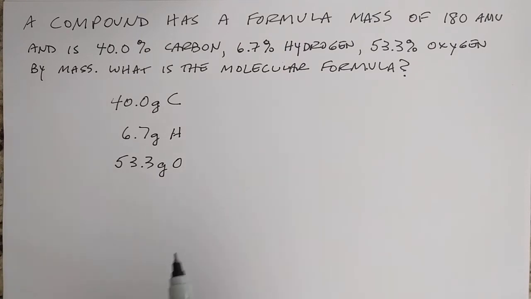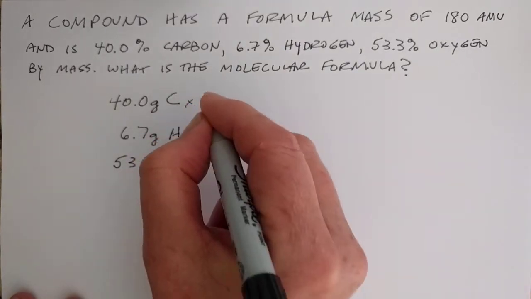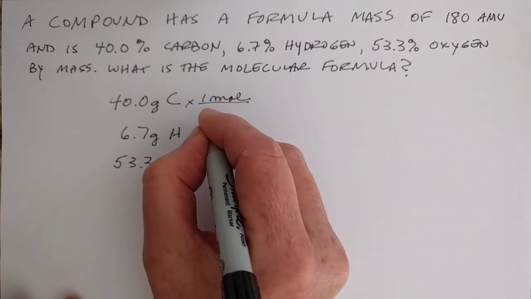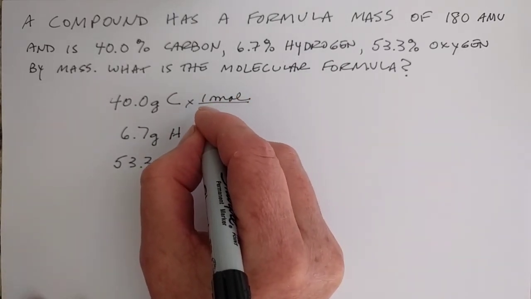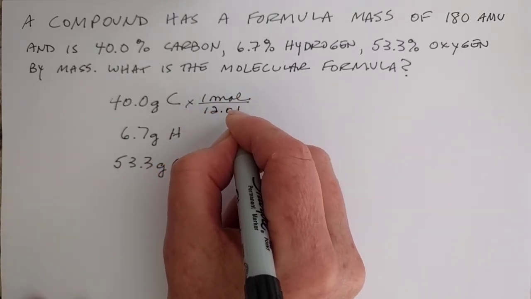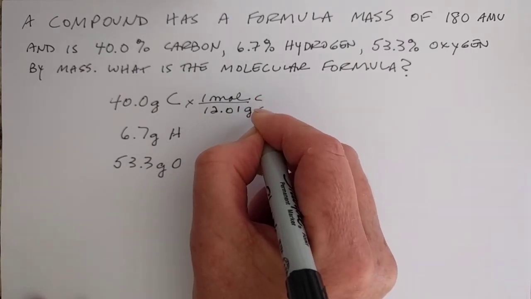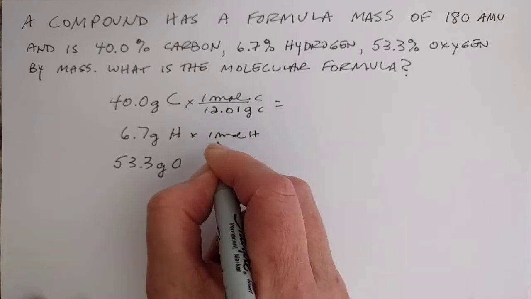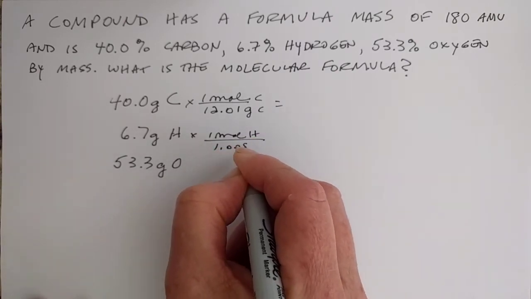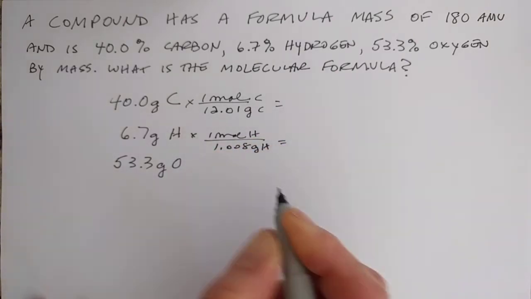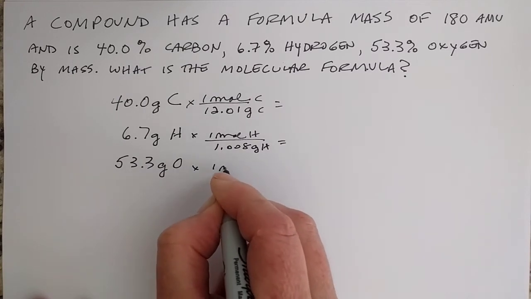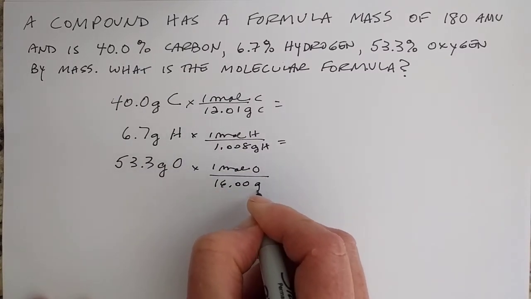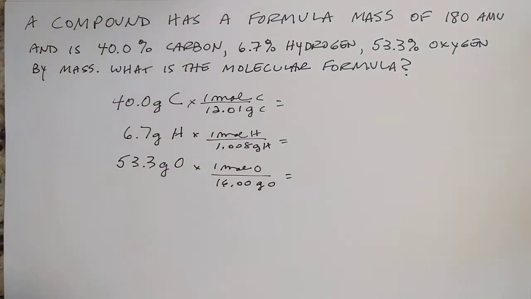So now our poem, mass to mole. So for each of these, 1 mole over our atomic mass from the periodic table: 1 mole of carbon is 12.01 grams of carbon, times 1 mole of hydrogen is 1.008 grams of hydrogen, times 1 mole of oxygen, 16.00 grams of oxygen.